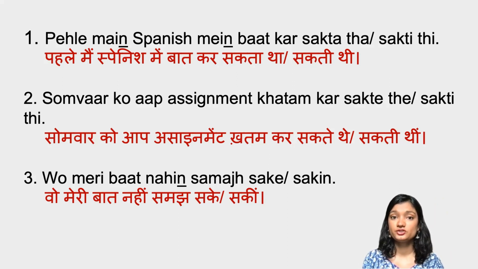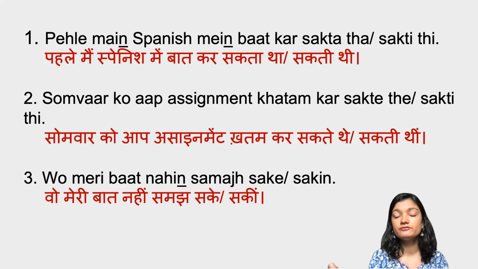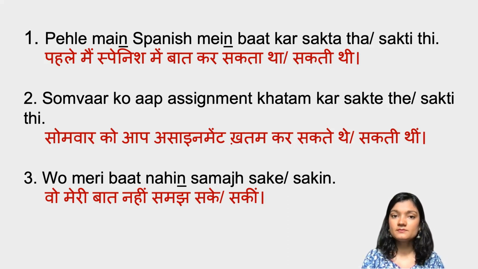You can change it to I could have spoken in Spanish if you change some words here and there. For example, मैं कॉन्फ्रेंस में स्पेनिश में बात कर सकती थी, which means that I could have spoken in Spanish in the conference that I attended, right? So it's about the context.